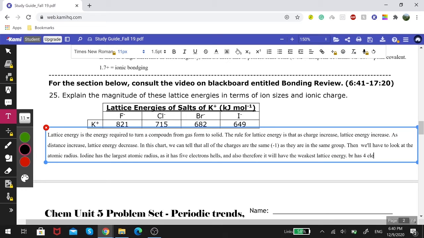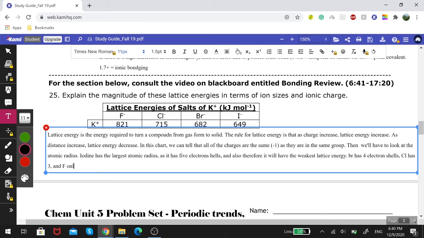Br has 4 electron shells, Cl has 3, and F only has 2. That's why it goes from 682 of Br and gets bigger and bigger until it reaches fluoride, which has 821.